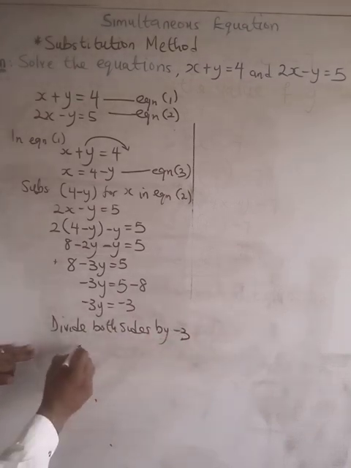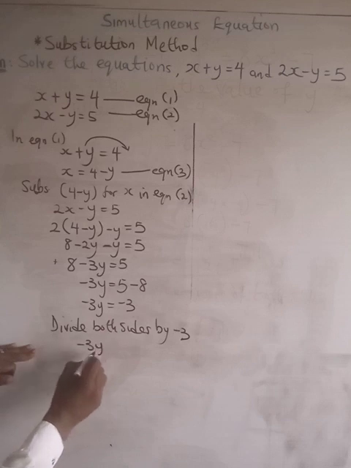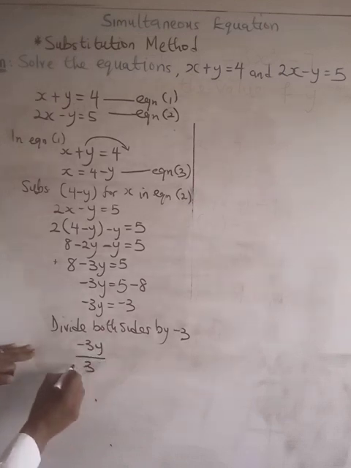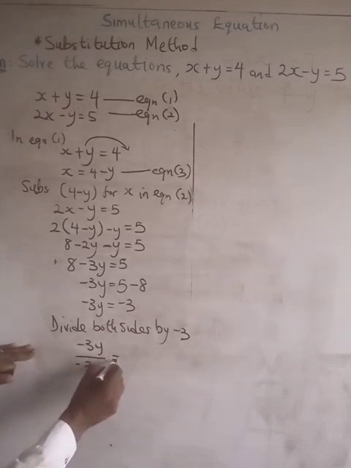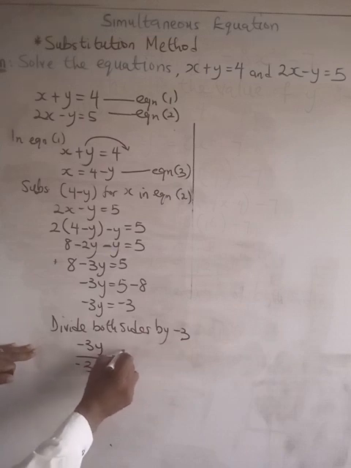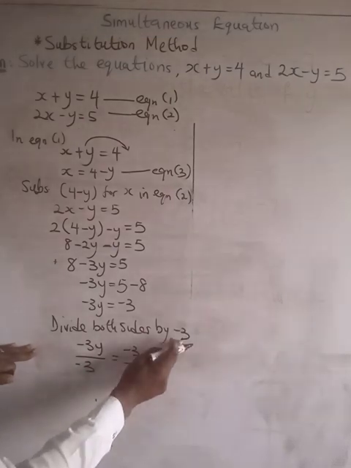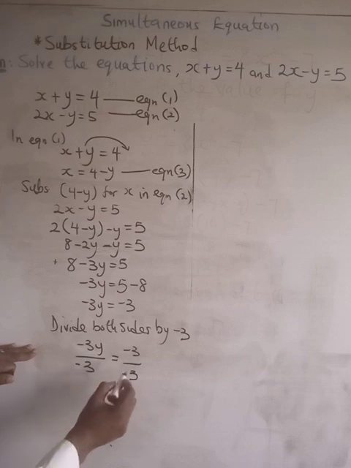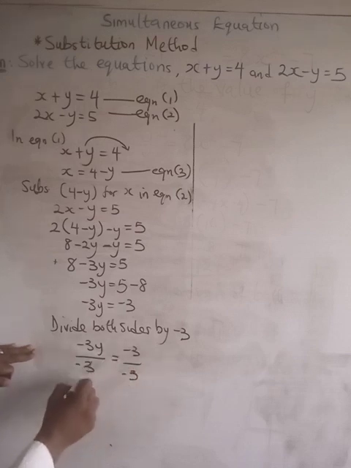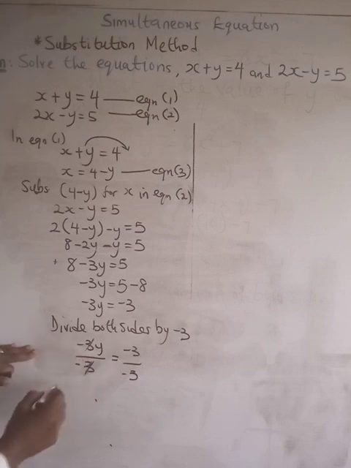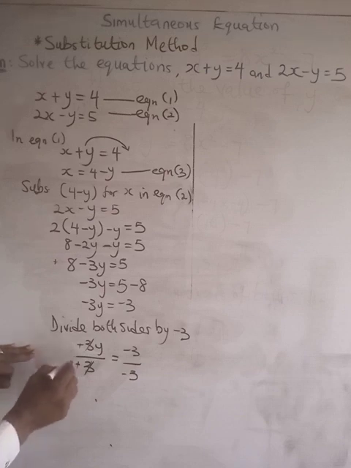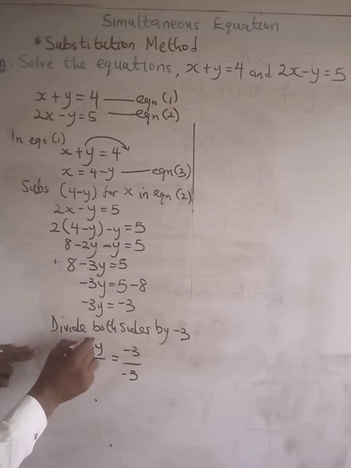So we have minus 3y divided by minus 3. Then we also have minus 3 divided by minus 3. This has eliminated this, and this has become a plus sign. Negative divided by negative will give you a plus sign, and 3 has eliminated this 3.